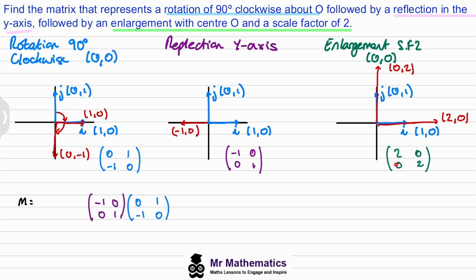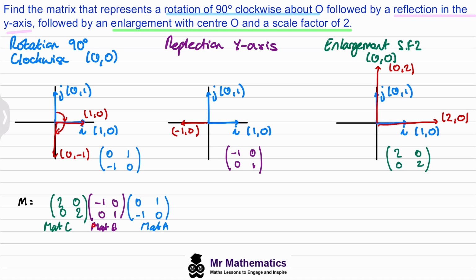And then we apply the enlargement, which goes to the left of that, so 2, 0, 0, 2. And M will be the product of these three 2 by 2 matrices. We'll label the rotation as matrix A, the reflection as matrix B, and the enlargement as matrix C.